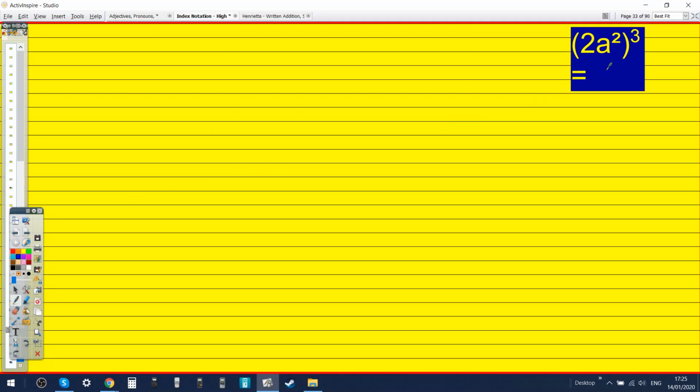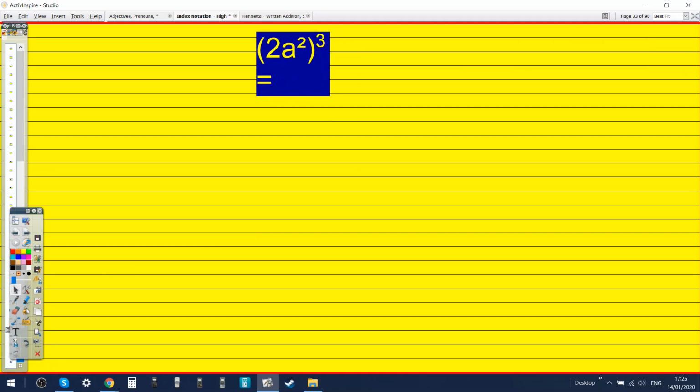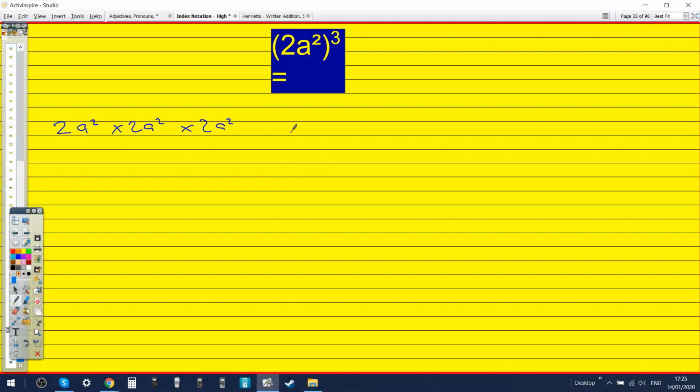Okay, any idea about this one? 2A^6. And so the long way of writing this one will be 2a squared times 2a squared times 2a squared. And so it's going to be a to the 6. They're in a bracket, and so it's also 2 to the power of 3. Okay. And what is that?